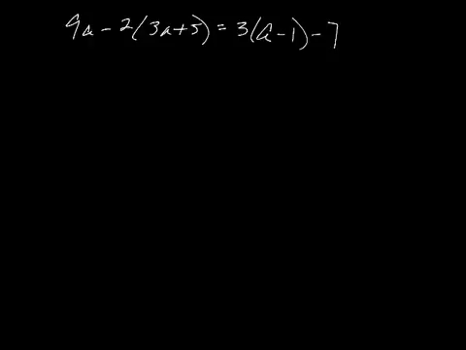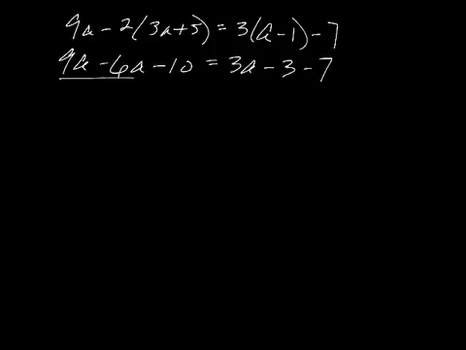We have 9a minus 2 times 3a plus 5 equals 3 times a minus 1 minus 7. All right, so let's go ahead and use the distributive property. 9a, so we have a negative 2 times 3 is negative 6a. Negative 2 times 5 is negative 10. 3a minus 3 minus 7.